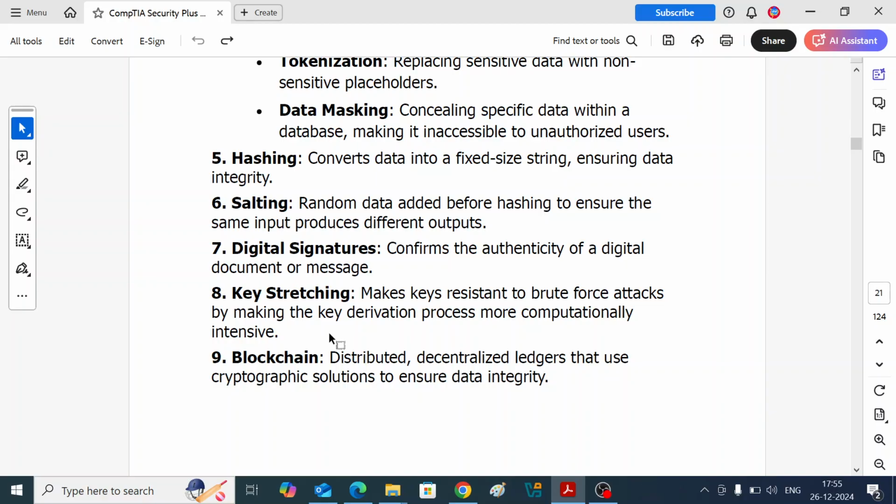Then it is encrypted by the sender's private key. Then we get the digital signature generated. Finally, the receiver receives the message which is digitally signed. This is how the process works.